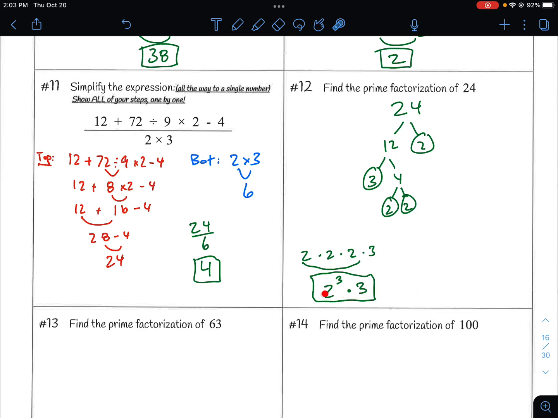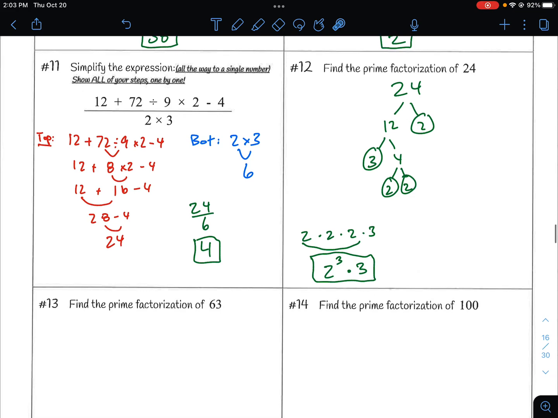It's a good idea to write your numbers in order from least to greatest, so that's why I put the 2 first and the 3 afterward, but is 3 times 2 to the third the same thing? Yeah, sure.